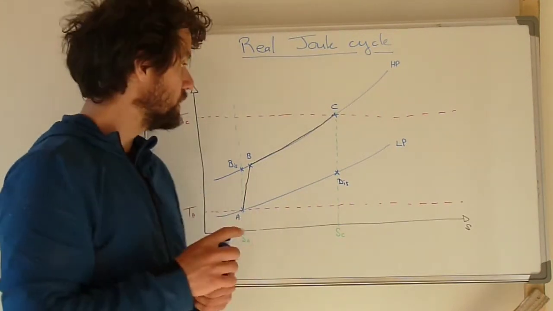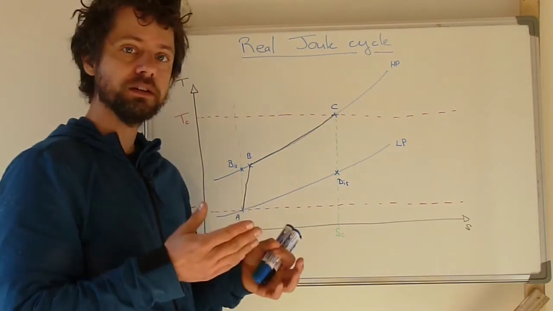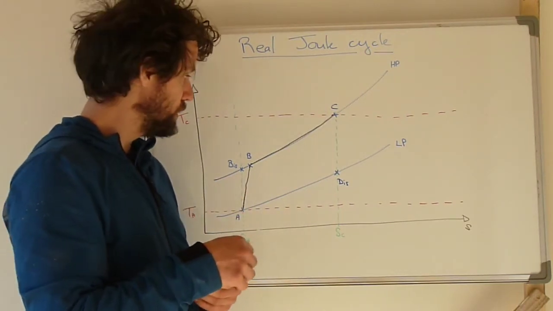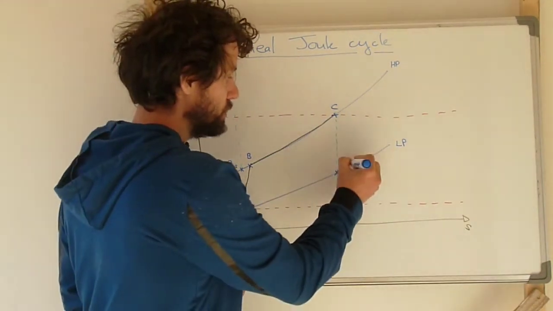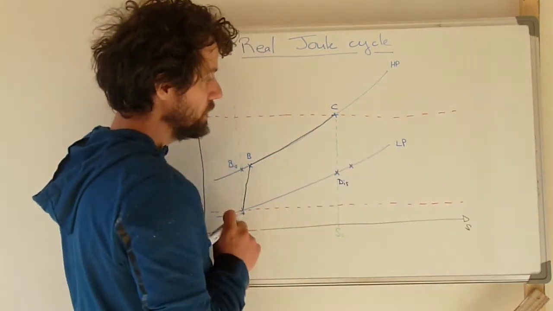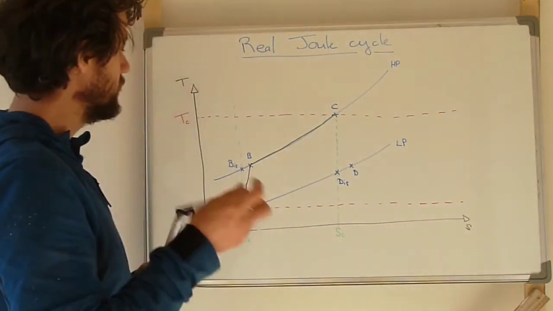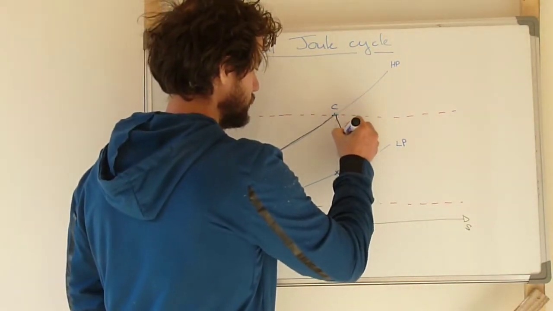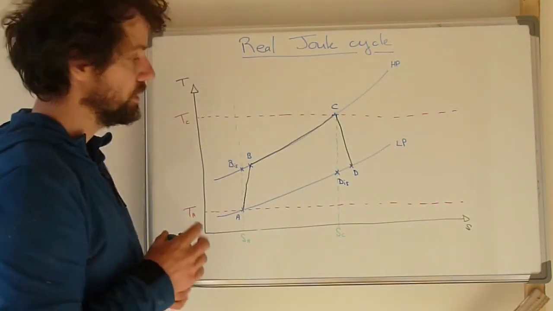In the real turbine, there is entropy creation due to the irreversibility. So real point D will be somewhere on this low pressure line, but to the right. Once again, real point D is somewhere there, and we can schematically join point C and point D to show what took place in the turbine.